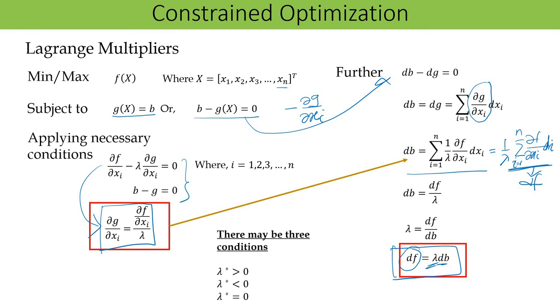So suppose lambda value is very high, what will happen? Suppose you are getting an optimal solution of a constrained optimization problem. Suppose it's a design problem, and there is a constraint for which the lambda value is very high. It's not 0, it's not a small value.